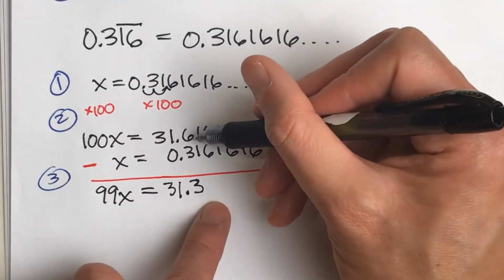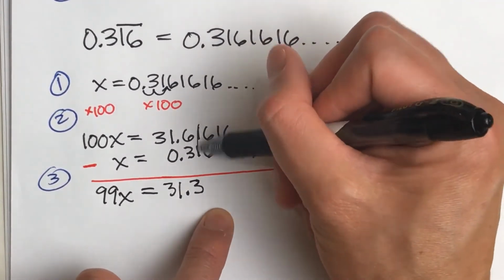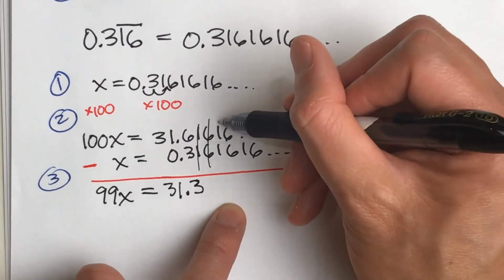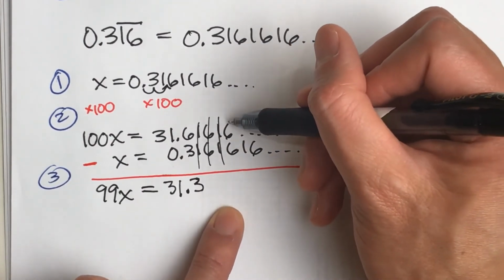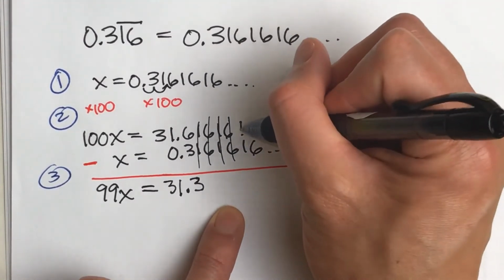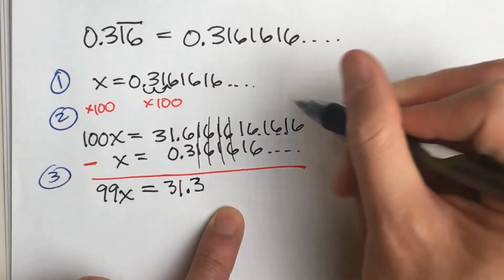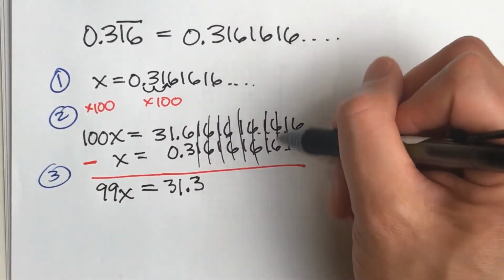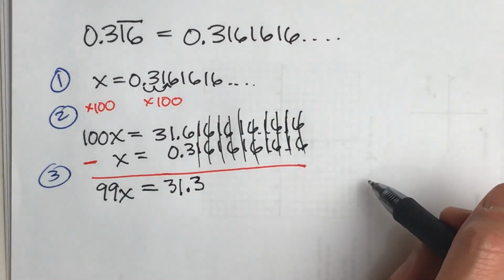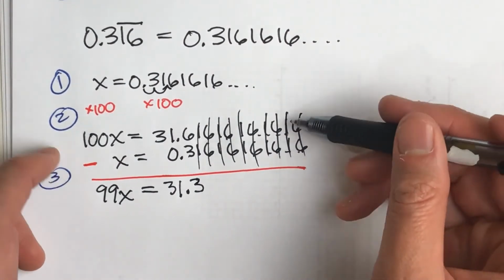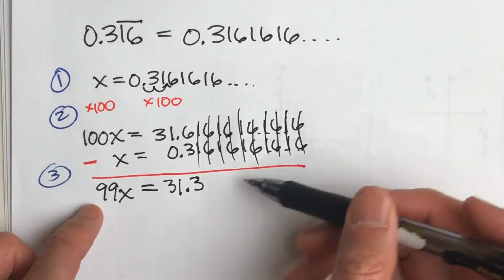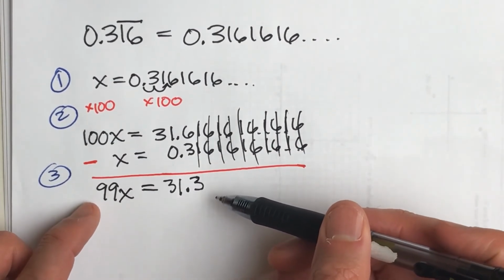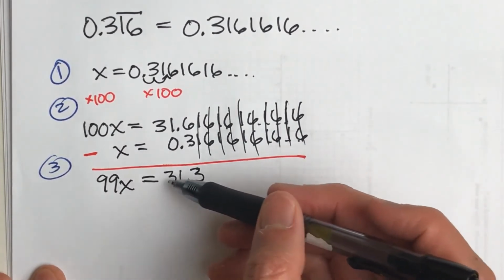And look what happens after that. 1 minus 1 is 0. 6 minus 6 is 0. 1 minus 1 is 0. 6 minus 6 is 0. And remember, this repeats over and over and over again, but so does the bottom one. So they will always subtract out to 0. So again, when you subtract those 2 repeating decimals, you get an answer that's not a repeating decimal anymore. You end up with just 31.3.